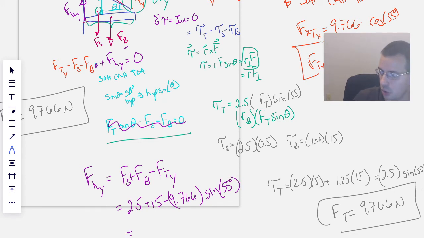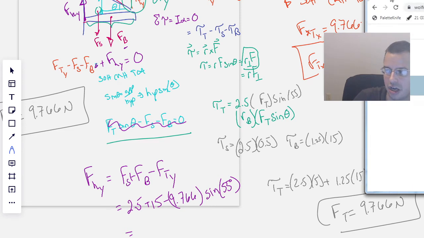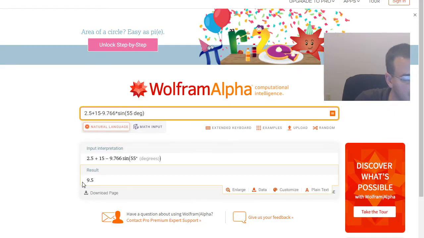Put it into Wolfram. So we do 2.5 plus 15 minus 9.766 times sine 55 degrees. And we get an answer of just about 9.5. That is surprisingly square.